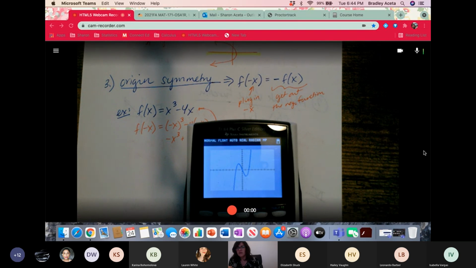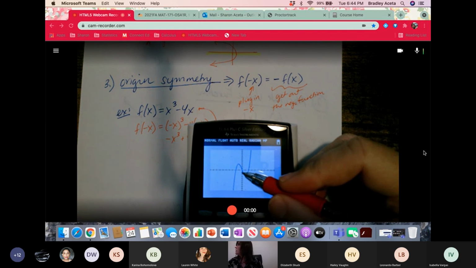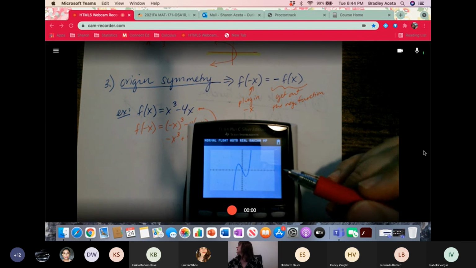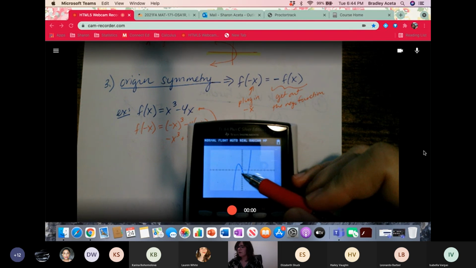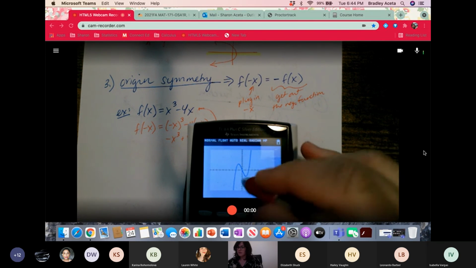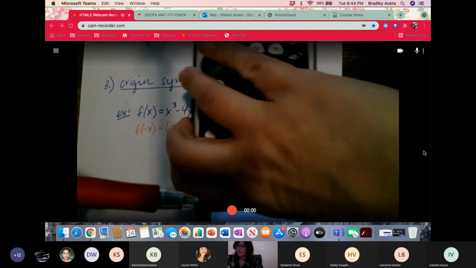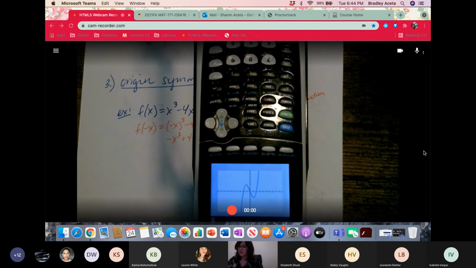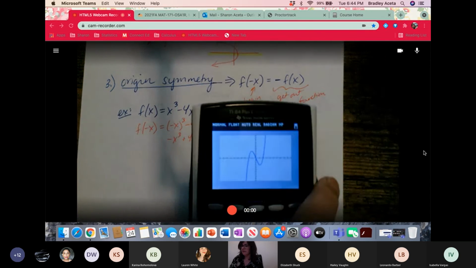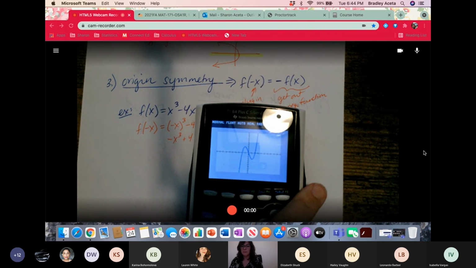So if you put it into your graphing calculator and you pretend you put your pen at the origin, pretend your pen was standing like right here. And you flip it upside down. Does that look exactly like it did originally here?